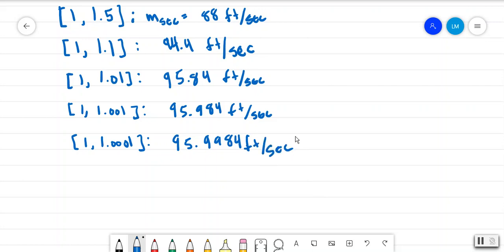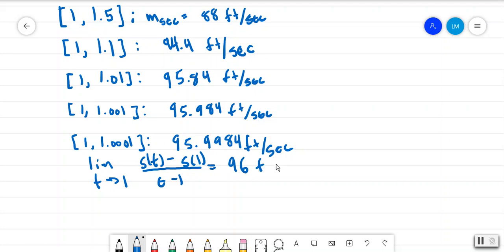So once again, take a moment to say, well, I can probably conjecture that the limit as t approaches 1 of s of t minus s of 1 divided by t minus 1 is equal to 96 feet per second.